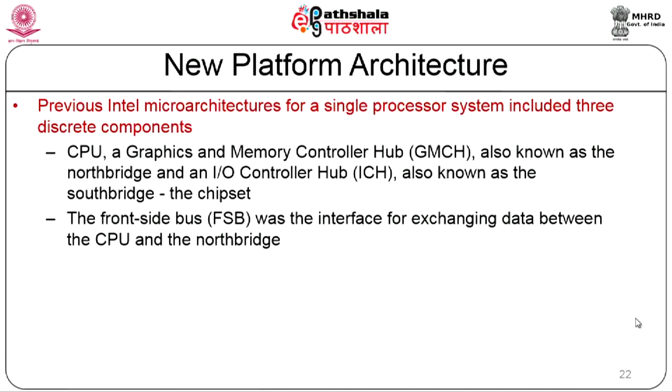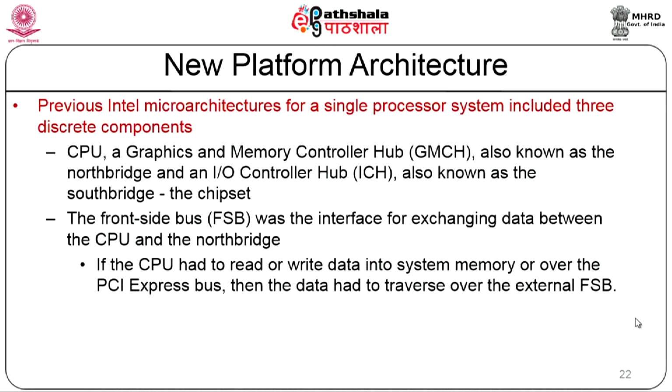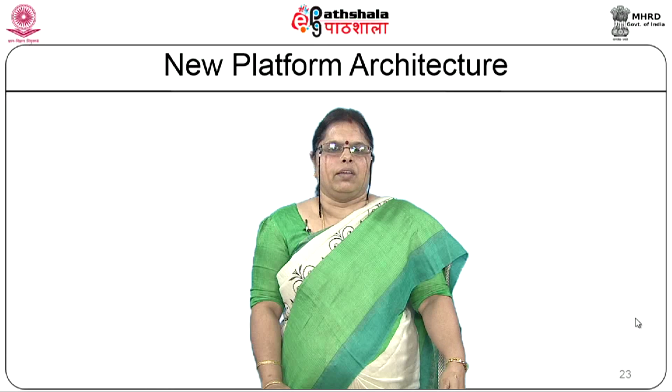And the front side bus, the FSB, was the interface for exchanging data between the CPU and the north bridge. If the CPU had to read or write data into the system memory or over the PCI Express bus, then the data had to traverse over the external FSB.